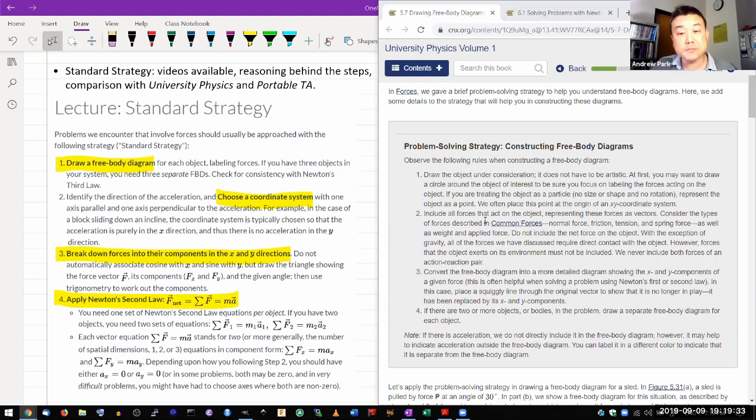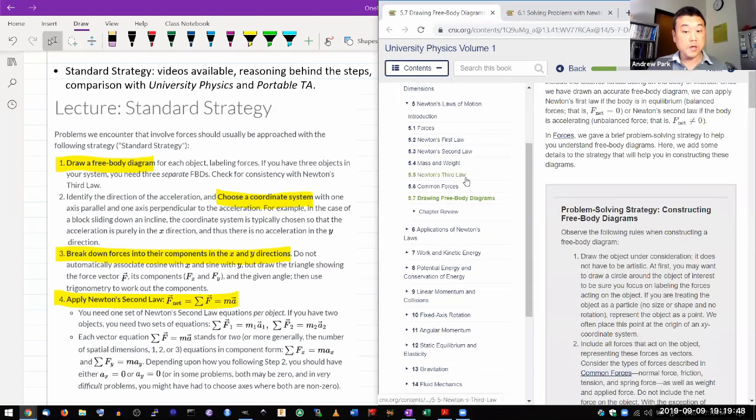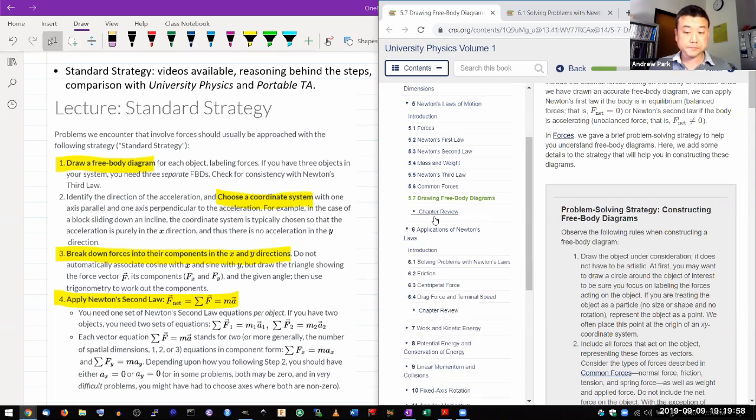In your textbook, what we lay out as a standard strategy is broken out in 2 sections. One is in chapter 5.7, drawing free body diagrams. And in chapter 5, there are some questions where you could use detailed force problem solving strategy, but much of that has been reserved for chapter 6, applications of Newton's laws.